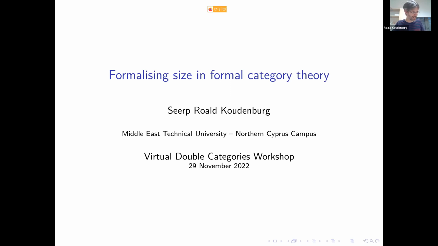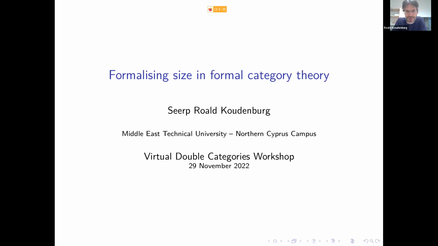So in this talk, we'll take a double categorical approach to formal category theory. We'll do formal category theory in double categories and also more generalized kinds of double categories.